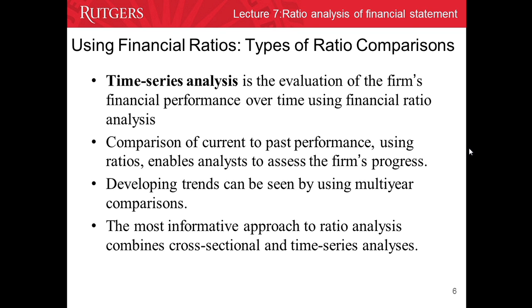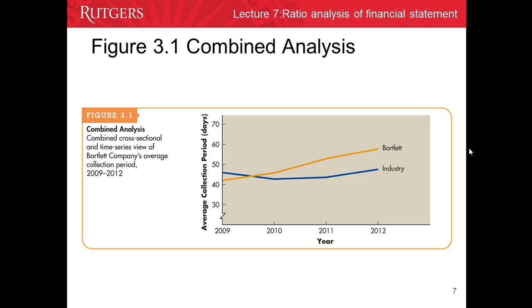This comparison enables the analysts to assess the firm's progress, and it can also reveal trends that can be seen by using multi-year comparisons. Usually the most informative approach to ratio analysis combines the cross-sectional and time series analysis.